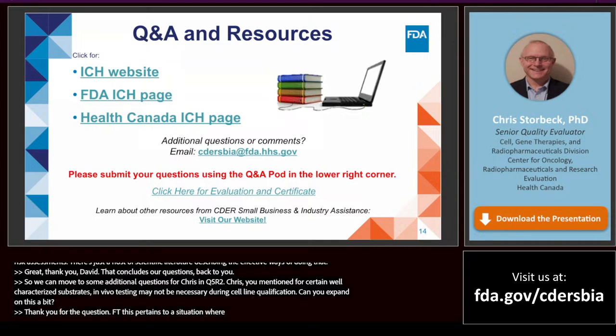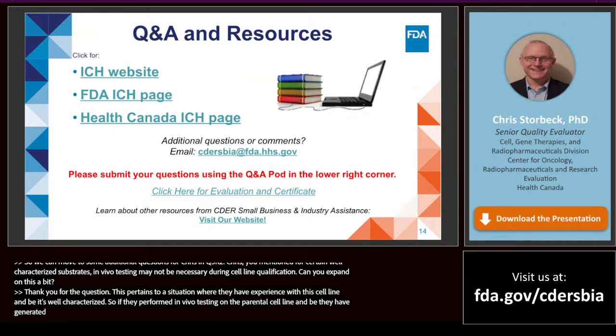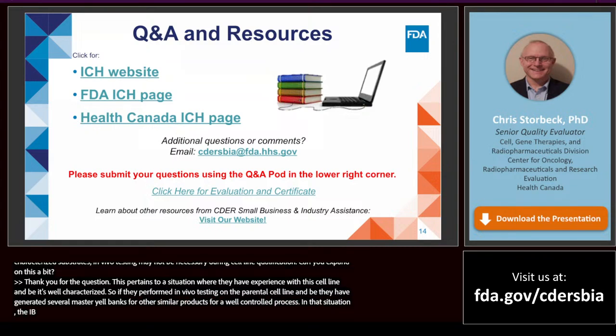It's a well-characterized cell line, such as a CHO cell line, for example. So if they've performed in vivo testing on the parental cell line, and they've generated several master cell banks for other similar products by a well-controlled process, then in that situation, the in vivo testing requirement can be waived. Thank you.